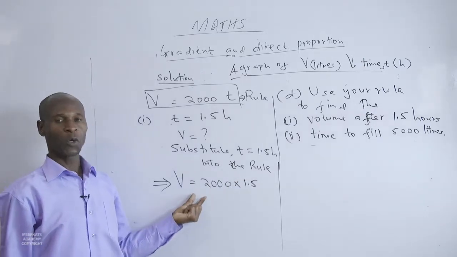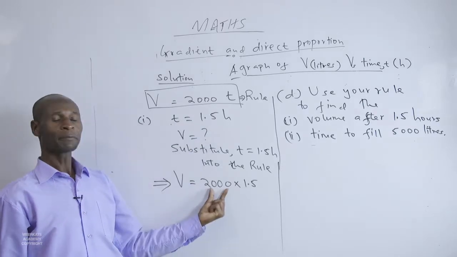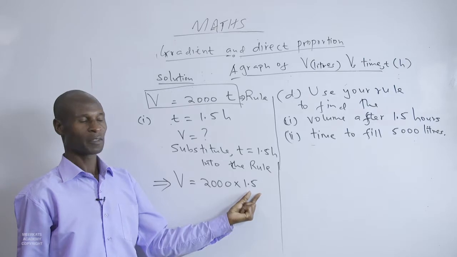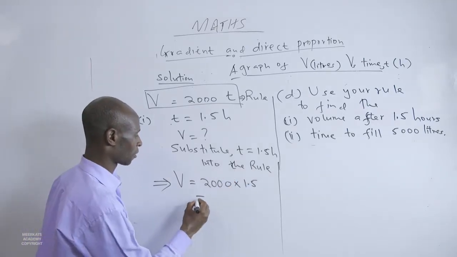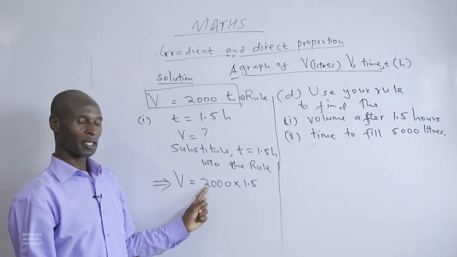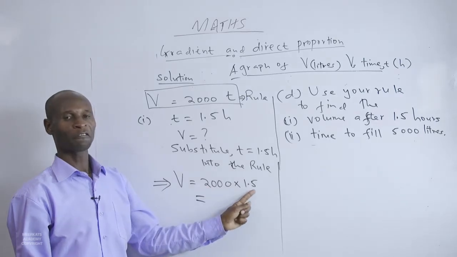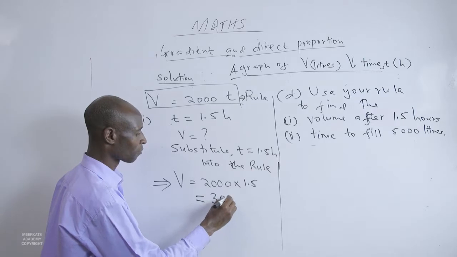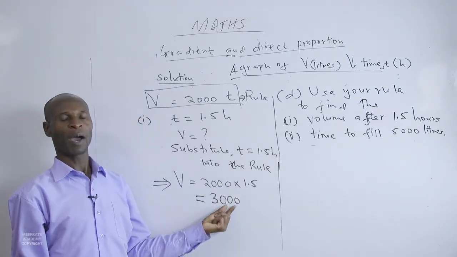So V is equal to 2000, a constant, multiplied by 1.5, the time. If you take 2 multiplied by 1.5, the answer is 3. Then multiply by 1,000.